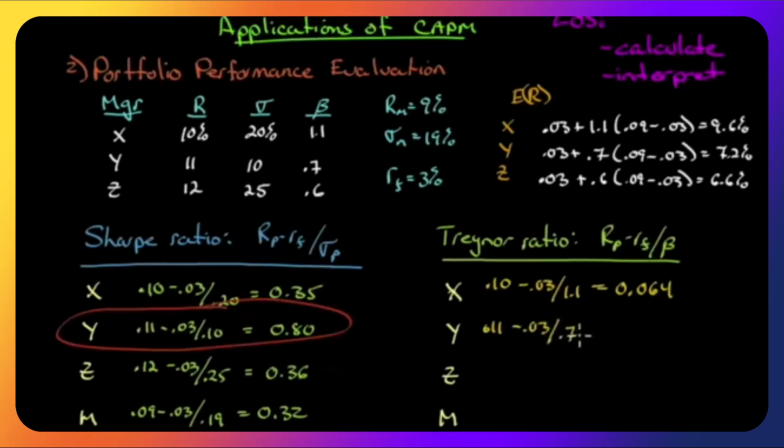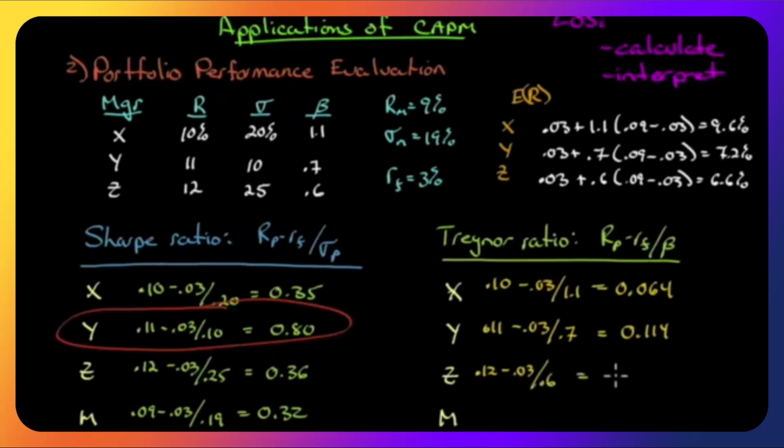The Treynor ratio is much higher for Y than it is for X. Y was the clear winner here, so look at that. Y looks like it's winning on this side. Z, 0.12 minus 0.03 divided by its beta was 0.6. Gives us 0.15. All of a sudden, Z's the superstar over here.